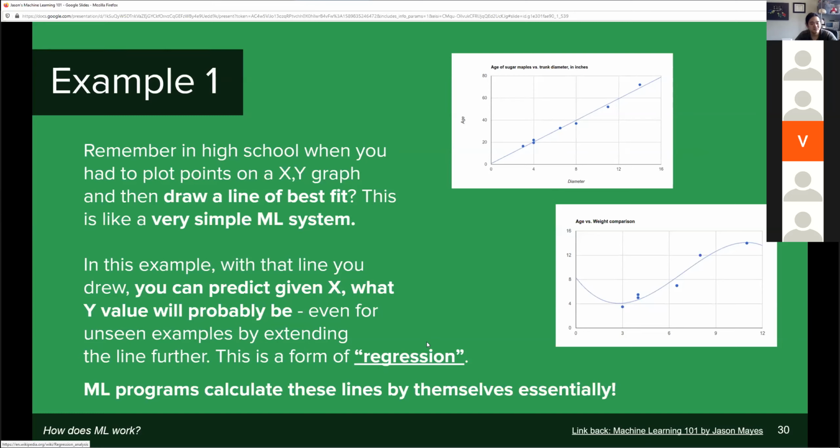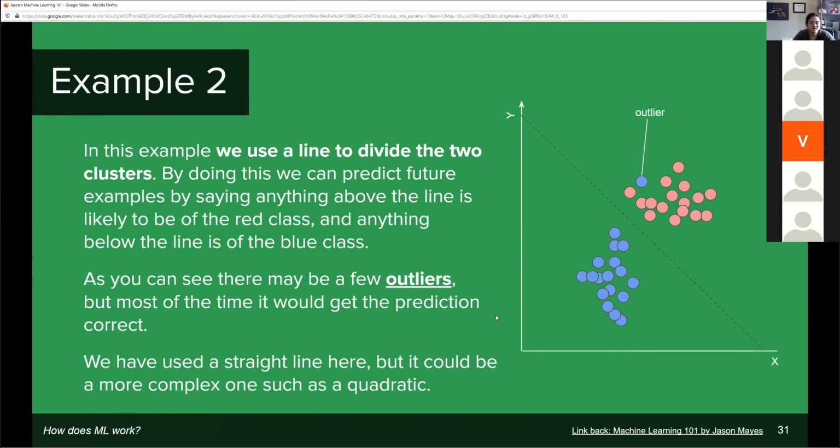What we were talking about earlier, classifying orange versus apple versus cat versus dog, was a classifier. That's a classification problem. This is a regression problem. Essentially, what we want to achieve is a machine learning program that calculates these lines by itself.